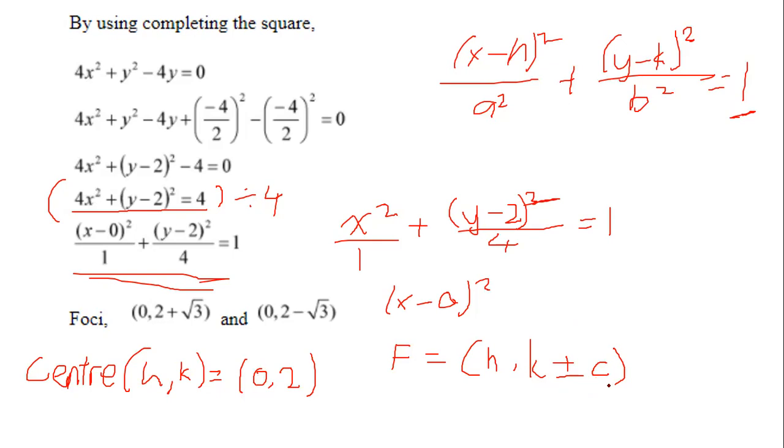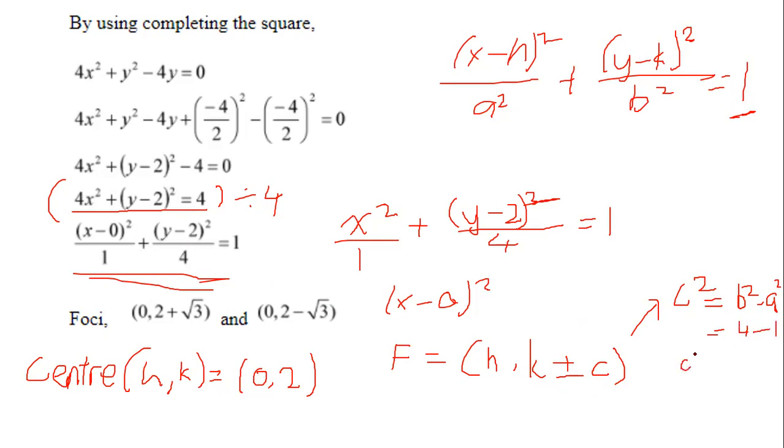So how to get c? We must use c squared equals to b squared minus a squared. This is because of the vertical axis, so we must use this. So we know that b squared is 4, equals to 4 minus 1, and a squared is 1.